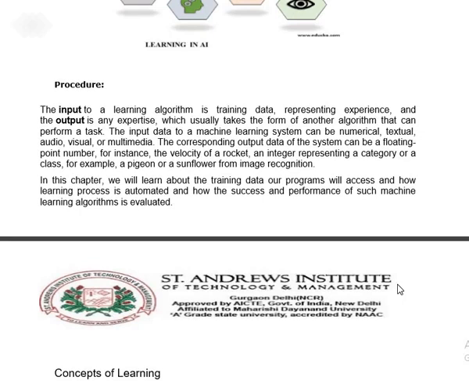The input data given to the machine learning system can be numerical, textual, audio, visual or multimedia data, and the output obtained can be in the form of data analysis or pattern analysis, usually done through graphical means. The output that we recover can also be classified into different categories.